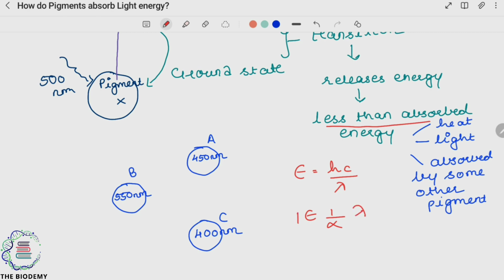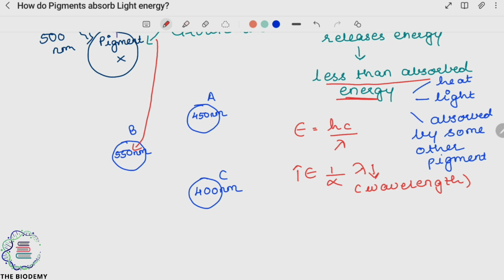So as energy increases, lambda, that's going to be your wavelength, decreases. So as the energy released is less than what was absorbed, the energy from pigment X, when the electron comes back to ground state, will be passed on to a pigment which is having a higher wavelength than the pigment.